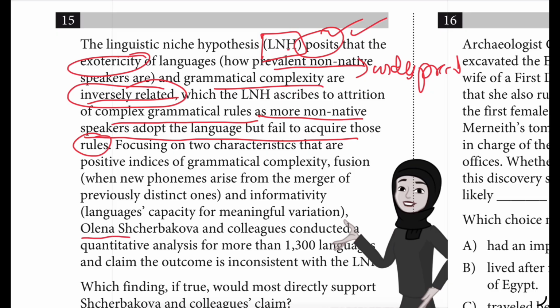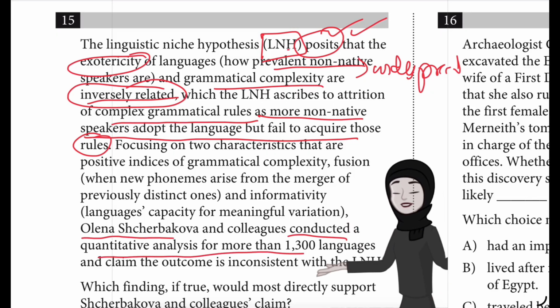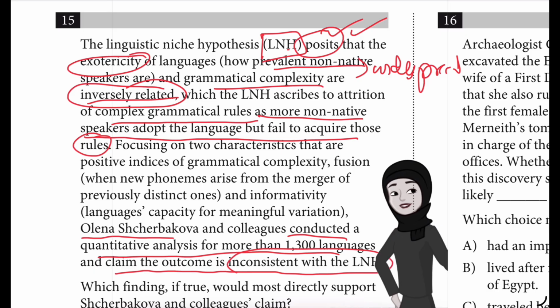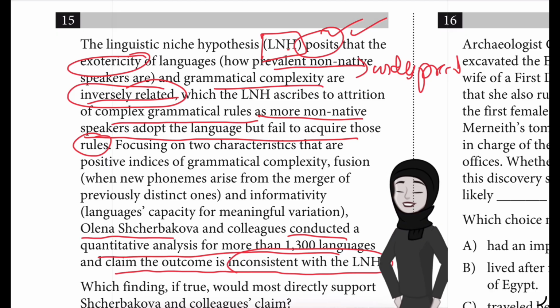Now, however, we are talking about Olena Shcherbakova. She has in fact conducted a quantitative analysis for more than 1,300 languages. And what she is claiming is that the outcome is inconsistent with the LNH. So what the LNH is proposing is not consistent with the quantitative analysis which she did.